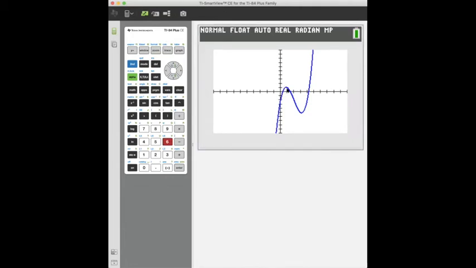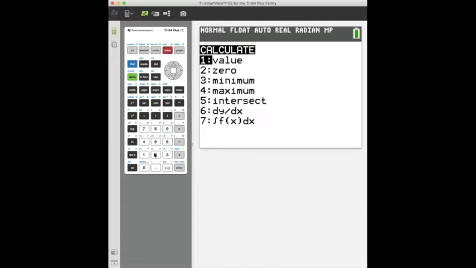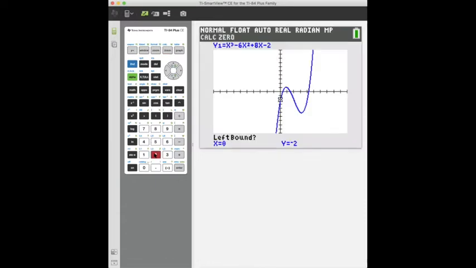We do need to find our zeros in order to do this calculation, to see when it's positive or negative. So in order to calculate a 0, we're going to go second, calculate, option 2. Left bound, that works, so I'll hit enter. Right bound, I want to go to the right of the 0. I'm calculating this one that's on the left here. So enter, enter.